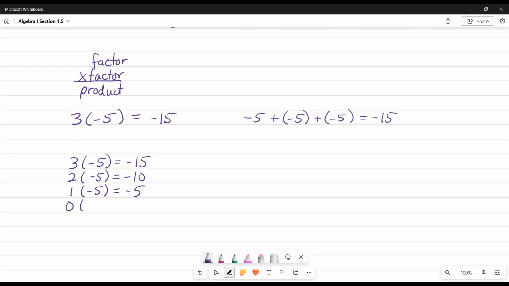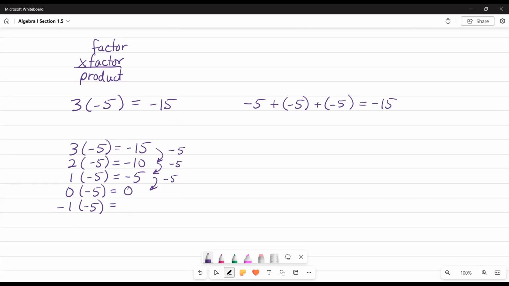And then we're at 0. 0 times negative 5. Okay. And then we get to negative 1. Negative 1 times negative 5. So you'll notice with each of these, we are subtracting 5. So we're subtracting 5 every time.